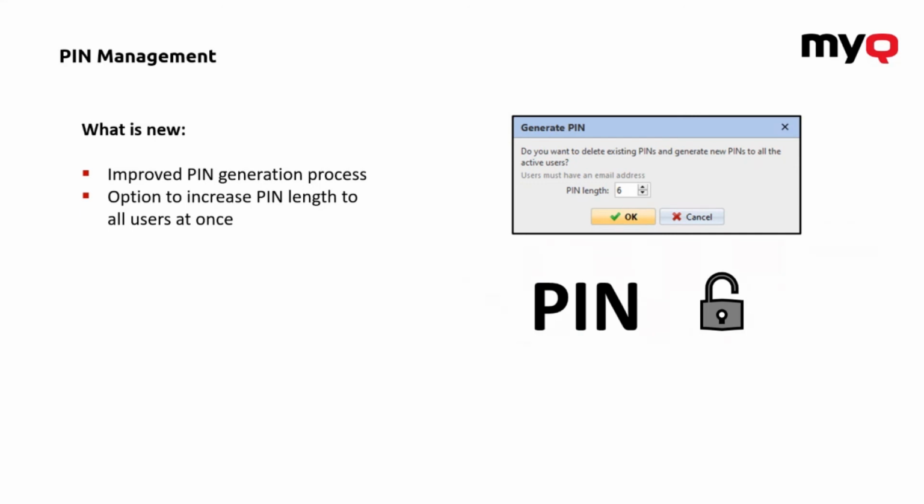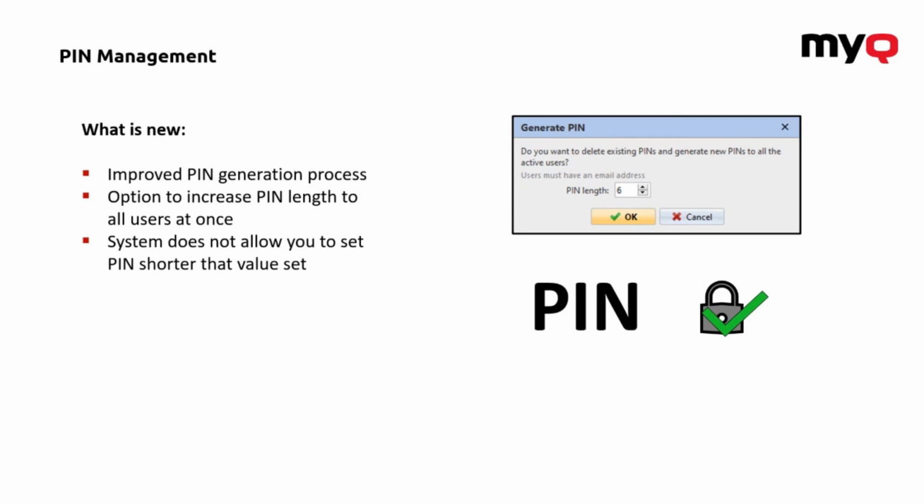Now with version 8.1, once this happens, the system will allow you to automatically update the PINs of all users, with one more thing, that it will no longer allow you to set a PIN shorter than the value which is set there, which also means that even as an admin, you won't be able to provide a shorter PIN.